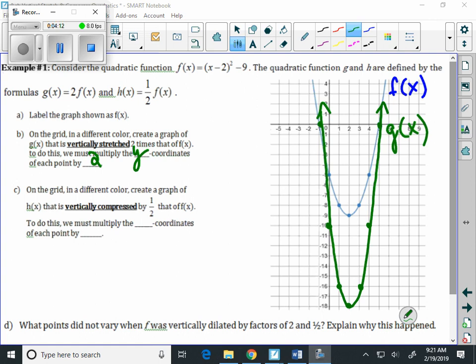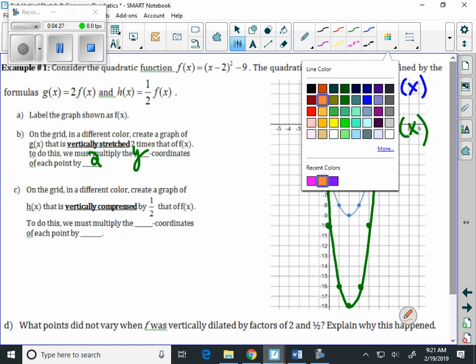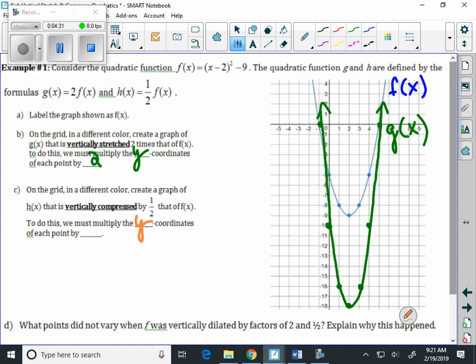Now let's create the graph that's vertically compressed by 1/2. Taking the original picture on your paper, we're going to vertically compress it by 1/2. To do that, we multiply the y coordinates of the blue graph, the given graph, by 1/2.